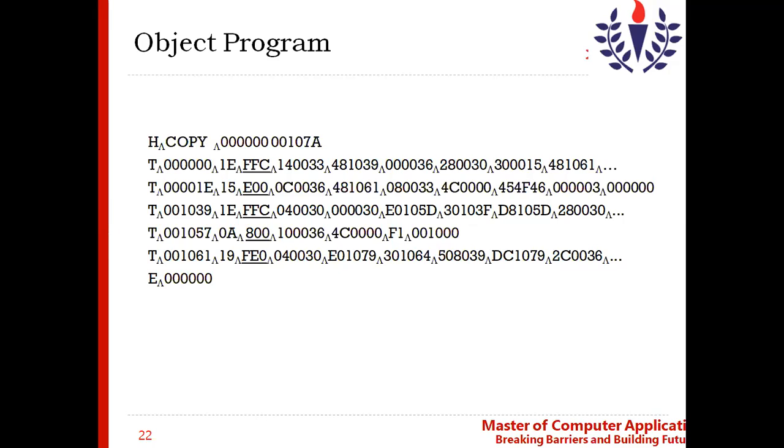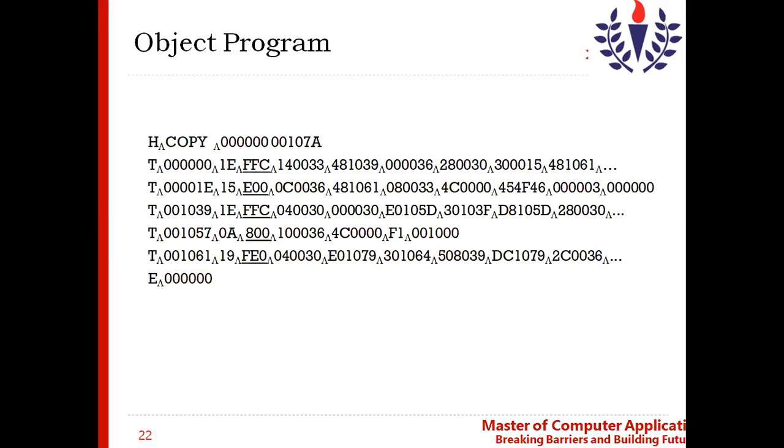So in these 12 bits, based on the number of words, the number of object codes present in the text record, the value would change. Now the first character F denotes 1, 1, 1, 1, which means all 4 bits have the value 1, which means the first 4 object codes need modification.